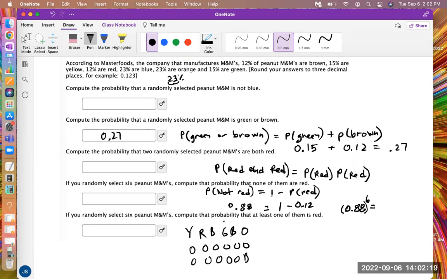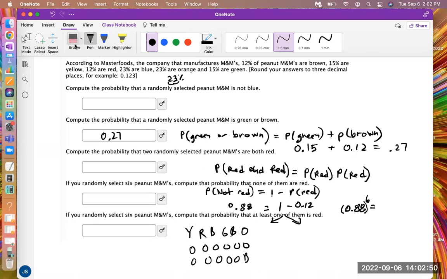If we wrote out all the different color combinations that we could pick, that's our sample space, the total outcomes. All of those outcomes could be split into 2 mutually exclusive groups, meaning groups that don't have overlap. And all of them would be either in no red or at least one red.